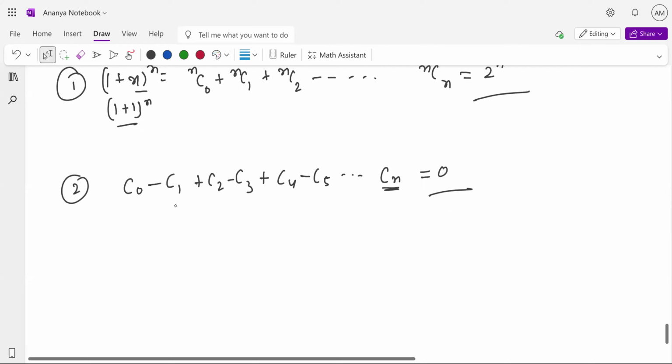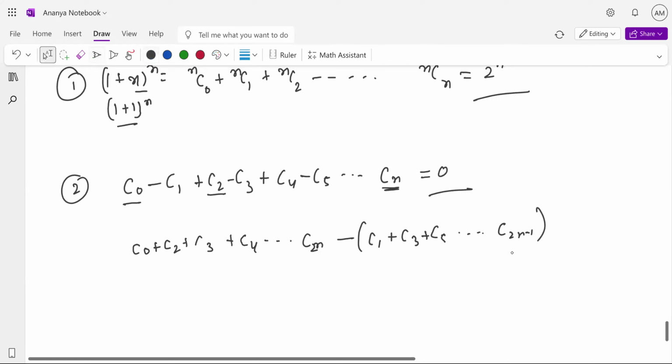You can assume this by taking all these coefficients at the same time: C0 plus C2 plus C4, and so on till 2n, subtracted with C1 plus C3 plus C5, till C(2n minus 1). Basically, I'm taking 2n minus 1 because I wanted equal values, so that I can have some addition and at last some subtraction.